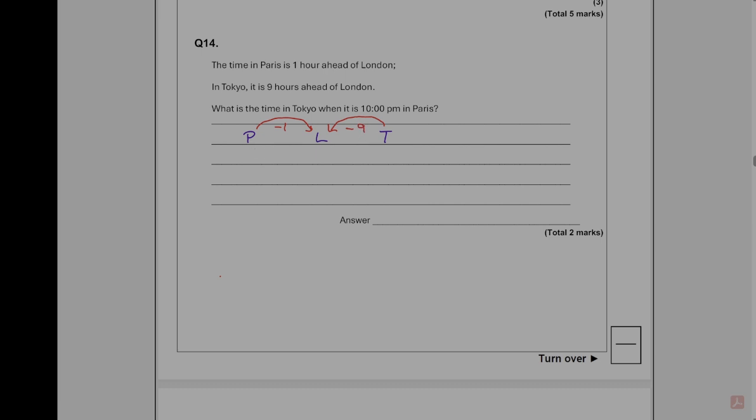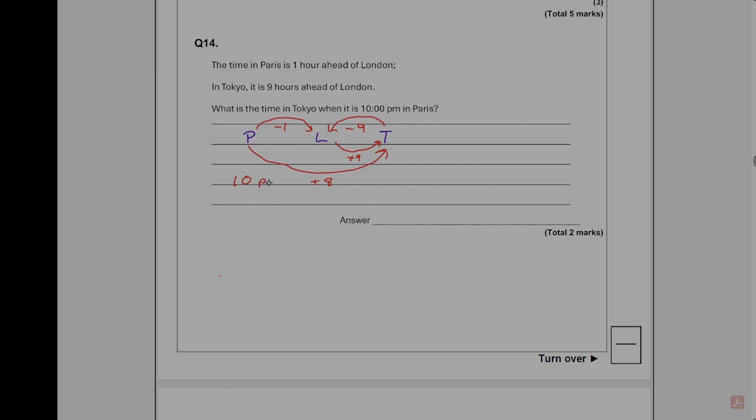Which means if I want to get from Paris to Tokyo, I'm going the opposite direction here, so I would be adding 9. So minus 1 and then add 9 becomes plus 8. So what time is it in Tokyo when it is 10 p.m. in Paris?